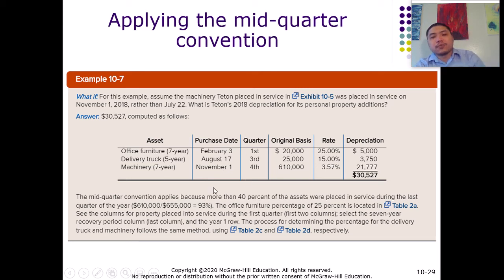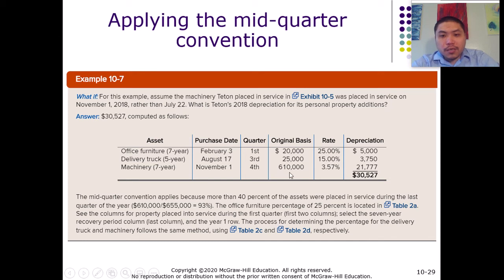So now we know that the machinery is put into service in the fourth quarter, and the machinery is very expensive. The basis for it is $610,000, which takes up about 93% of all of the assets placed into service during 2018 for this company. So that's why this company had to use the mid-quarter convention.